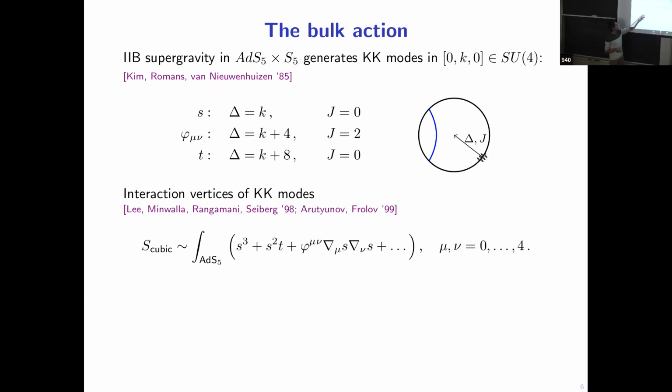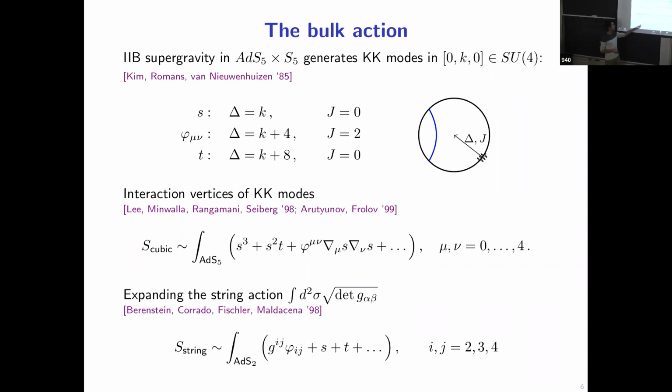You can make them propagate in the bulk, and you can also make them interact in the bulk. In principle, this action contains many different vertices with coefficients in front that are well known, but it's quite complicated to actually figure out exactly what vertices are there.